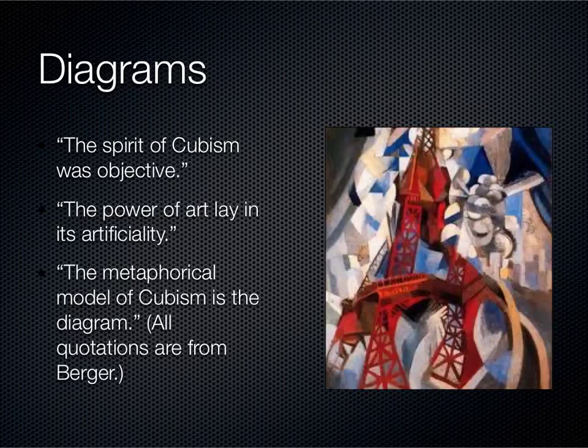And when he writes that the power of art lay in its artificiality, he is addressing Cubist belief that art should present itself as art, not as nature. When he says that the metaphorical model of Cubism is the diagram, he's getting at a certain scientific and objective reality they are trying to capture, a reality that has everything to do with modernity.